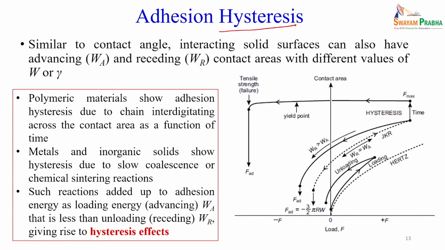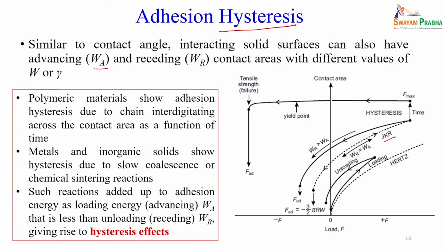So, there is going to be some hysteresis, and like the contact angle hysteresis, we call it adhesion hysteresis. This is very similar to the contact angle hysteresis. Interacting solid surfaces can have advancing and receding contact areas. This axis is the contact area. Let us consider the case of JKR theory.